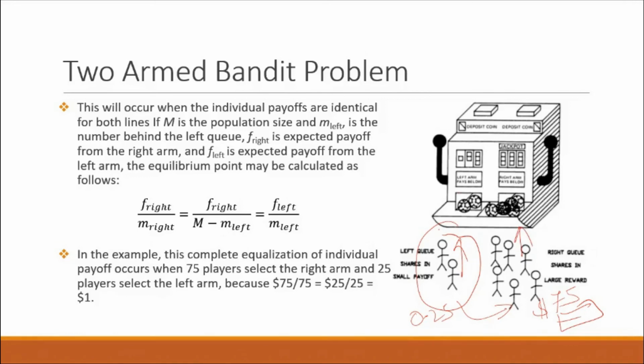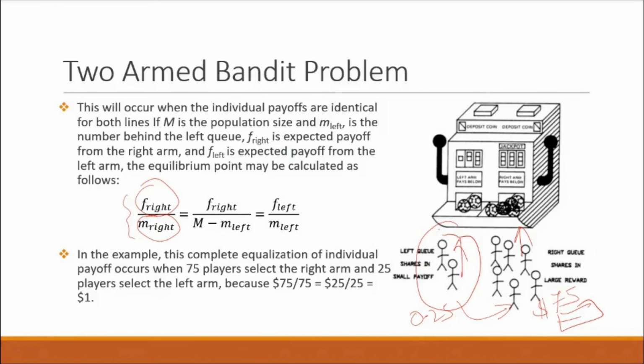So the payoff in that case can be calculated like this: F right divided by M right, where F right is the amount that he receives on the right side, the total amount, and M right is the number of people on the right side. So this is the payoff that he will be getting on being on the right side.